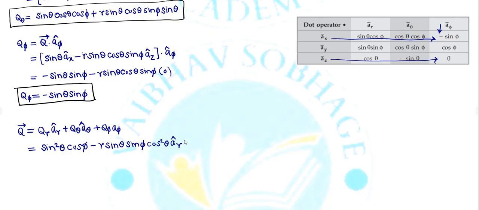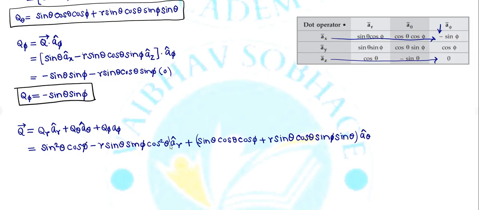So this is your vector ar plus Q theta. Q theta is what we have, that is sine theta cos theta cos phi plus r sine theta cos theta sine phi, along the theta direction, that is a theta.